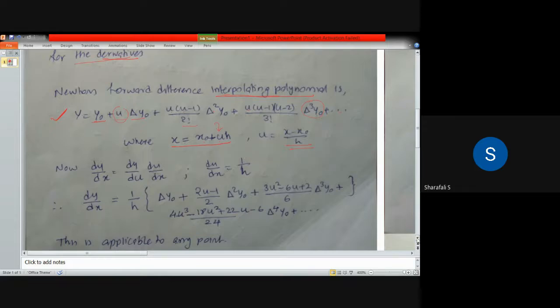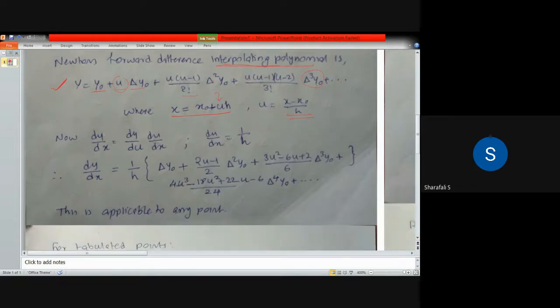Now we can consider dy by dx here. dy by dx equals dy by du into du by dx. We can write it like this, so the du gets cancelled and dy by dx will come. Now du by dx is nothing but 1 by h.